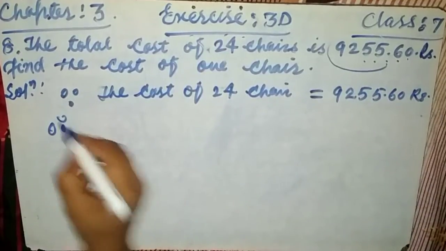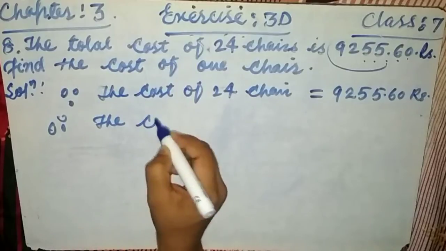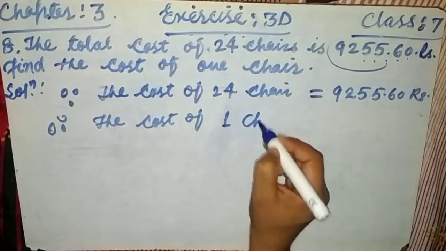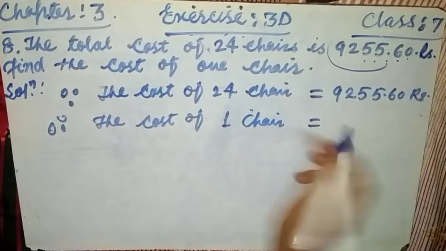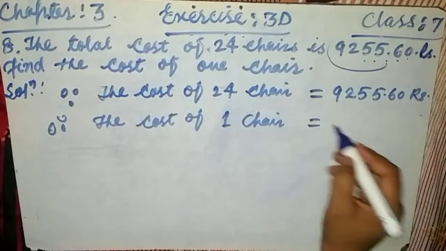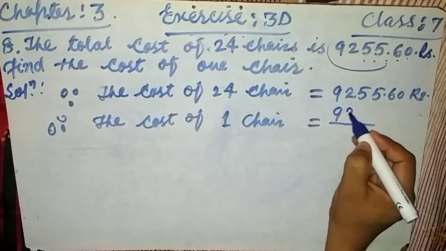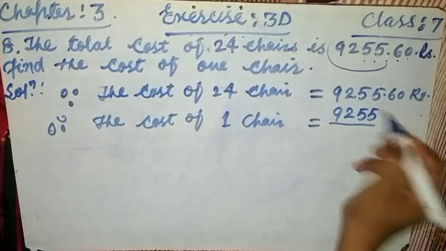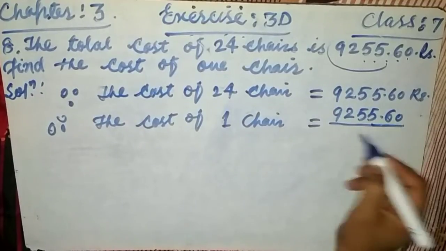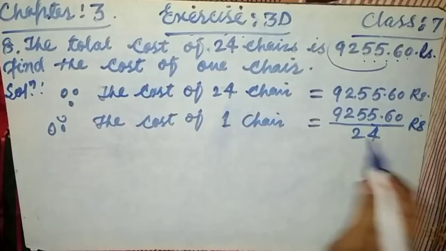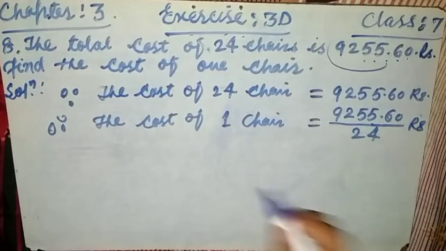Therefore the cost of one chair, remember friends, this 24 will go to the right hand side in the denominator, means division position, rupees. Now divide this number by 24, we will get the answer.